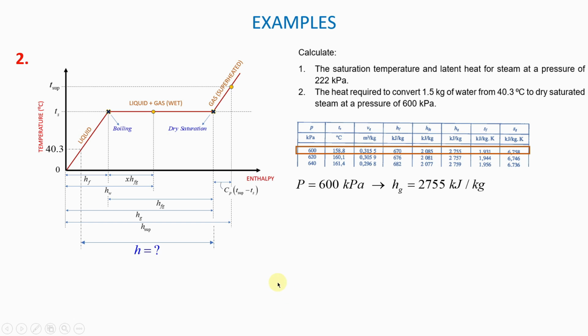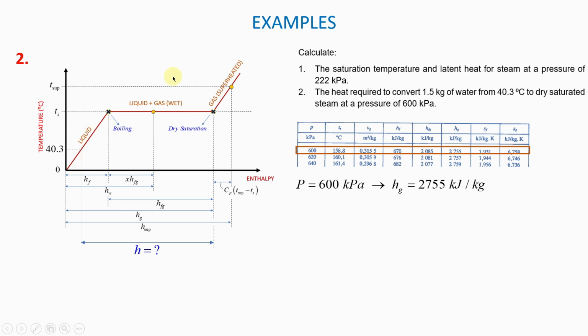And so how will we get the heat that is already in the water? You have two ways of doing that. You can use the table if the temperature that is given to you is in the table, okay? You can just read the HF in the table for that temperature, because here when it is liquid, the heat that is in the water is HF, okay?